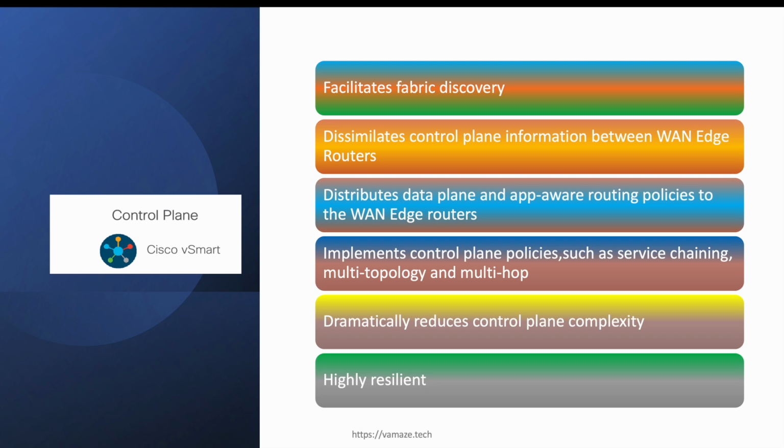So when branches come online, the routing information is exchanged with the vSmart controller and not directly with other branches. By using policies, routing information is influenced and shared with other locations, which determines how individual branches will communicate with each other.